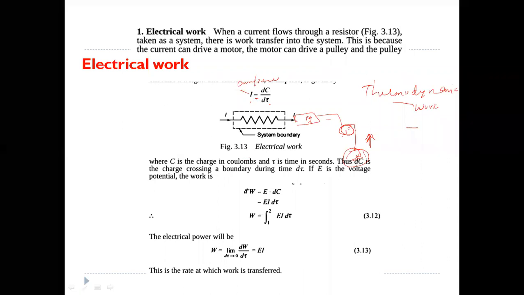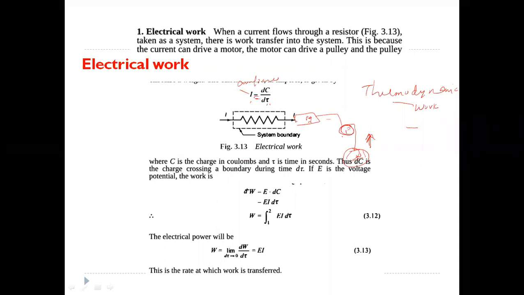This is the formula: current I is equal to the change in charge divided by the change in time. Okay. And the work done is given by dW equals E into dC. From here, dC can be written as I into dt. So this is the small work done.